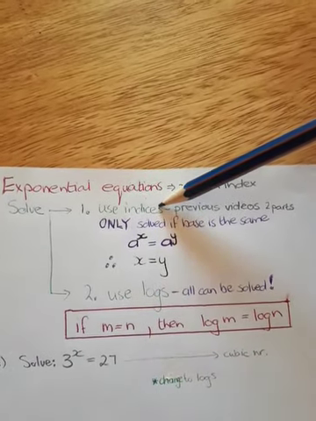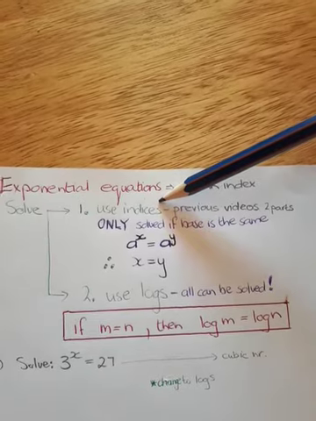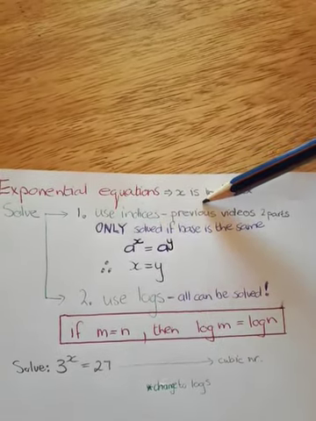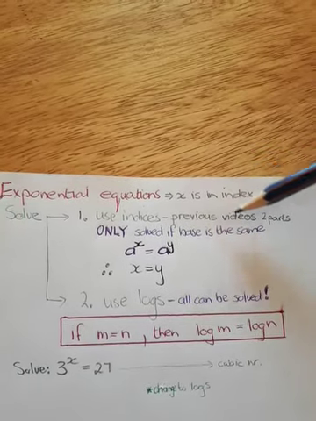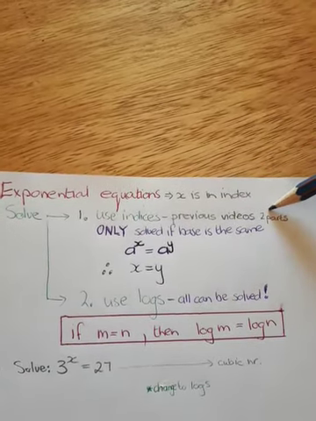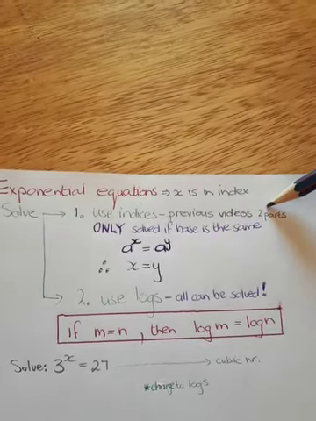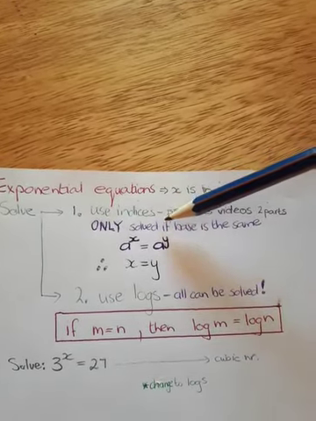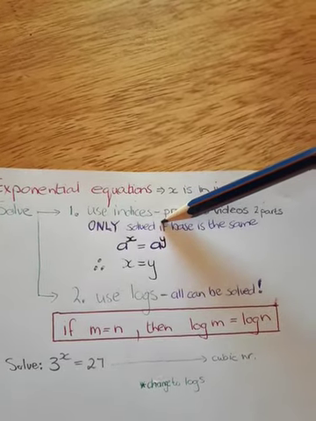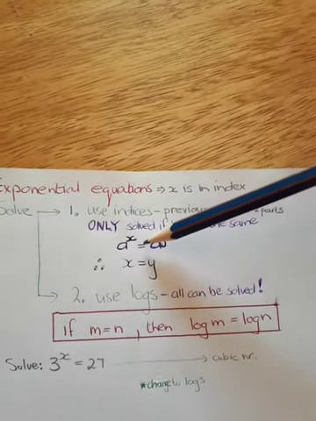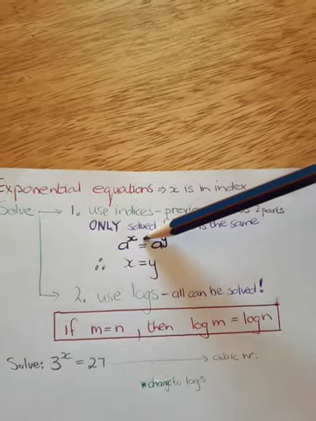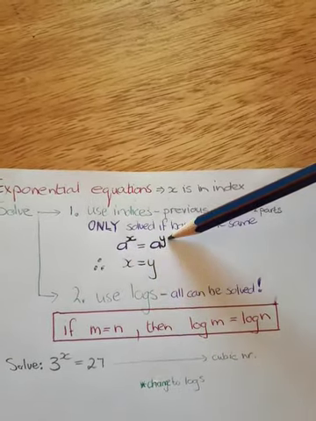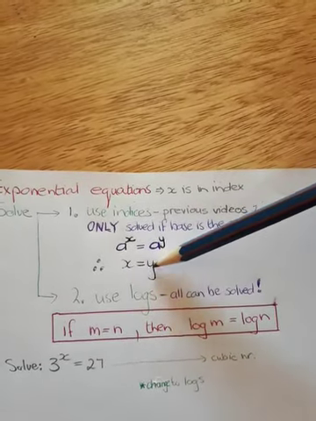Now we have already learned how to use all the indice laws. There are two previous videos, or actually one video which is divided into two parts. What is really important to remember is that you can use only the indice laws if the bases are the same, because the law we applied is that if a to the power of x equals a to the power of y, then x equals y.